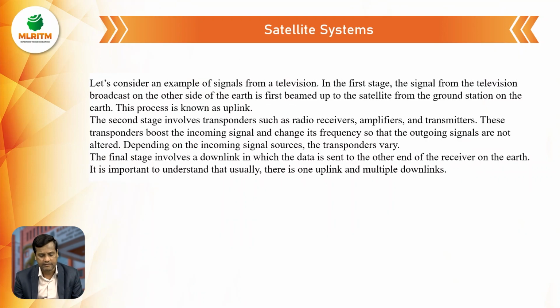Let's consider an example: the signal from a television. In the first stage, the signal from the television broadcast on the other side of the earth is first beamed up to the satellite from the ground station on the earth.